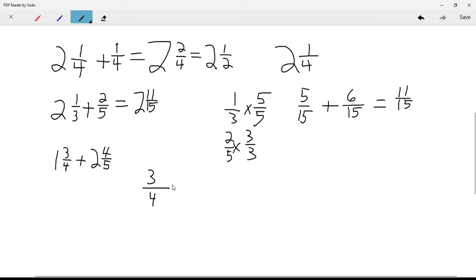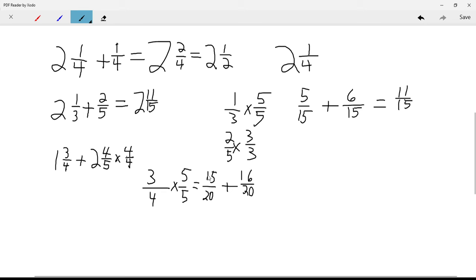So 3/4 times 5/5 equals 15/20. And then 4/5, I have to multiply by 4/4, and 4 times 4 is 16/20.